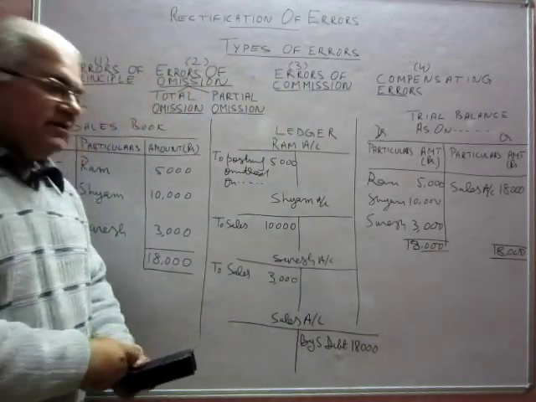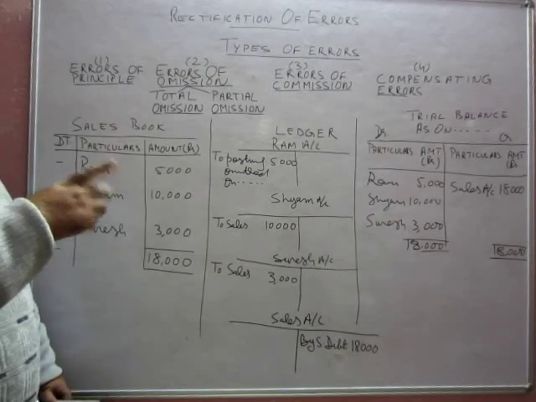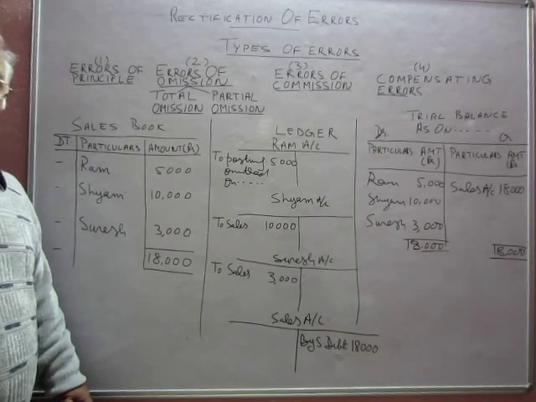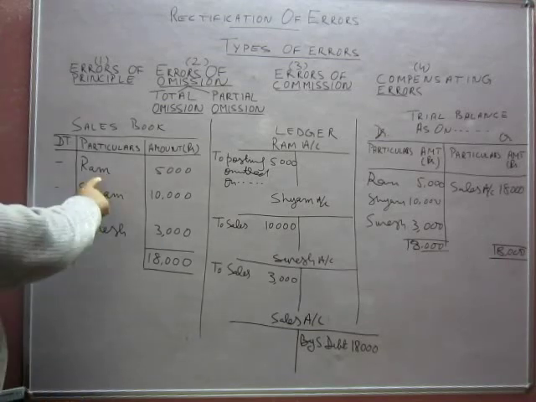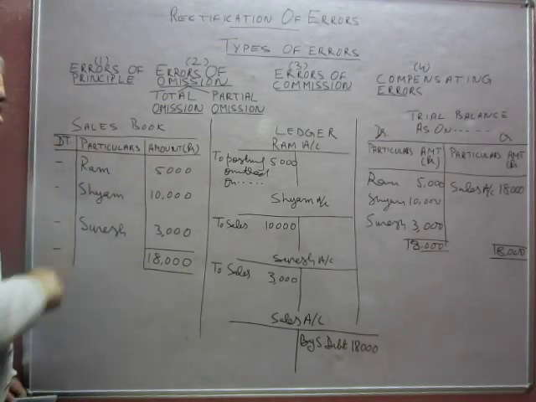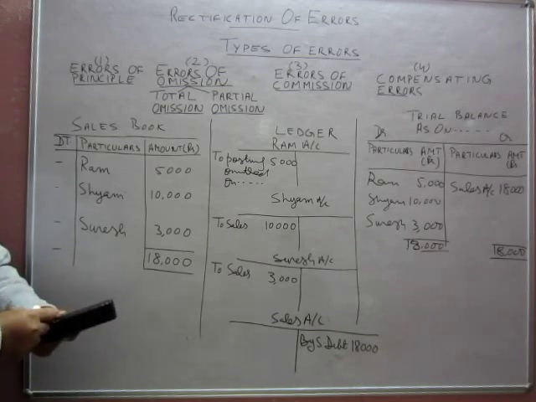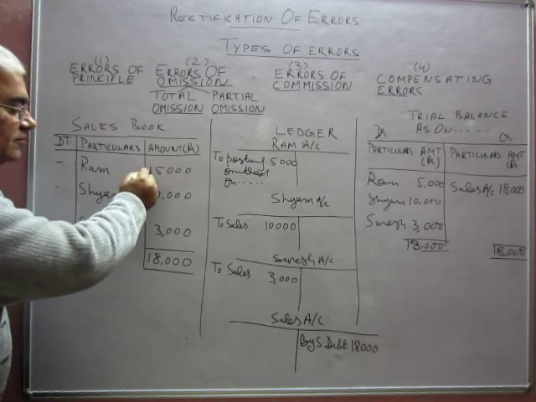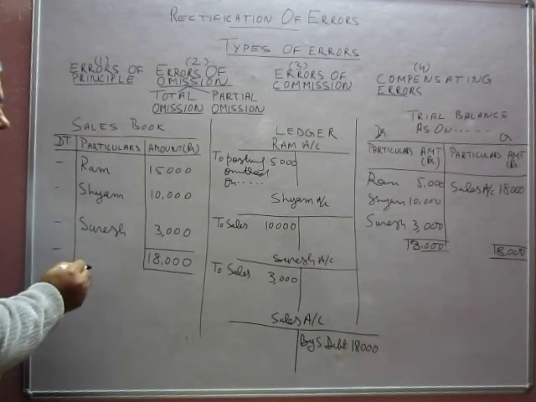Now what are these errors? First of all, an error of commission is, for example, you have sold goods to Ram for, say, 5,000 here, but you record this in the books as 15,000. Now what will happen?